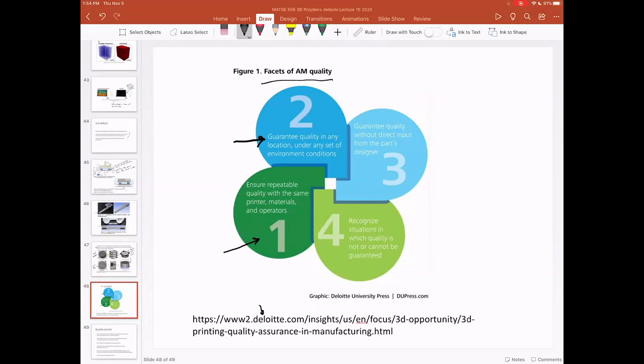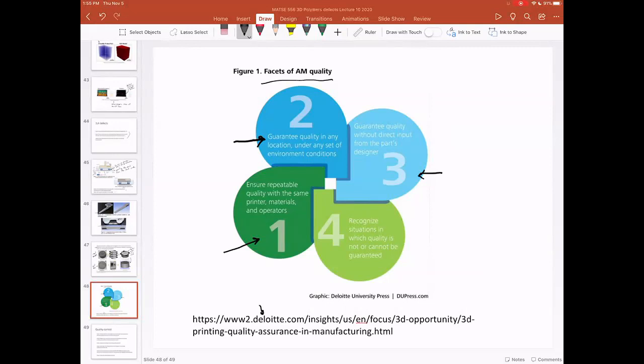In injection molding, since it's an enclosed environment, you dry the polymer. There's other ways that the polymer industry has tried to control quality. That's important. You'd really like to have quality without any direct input on tweaking the part or without changing things as the environment changes. That's important.